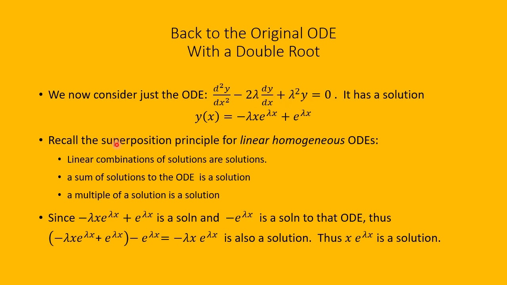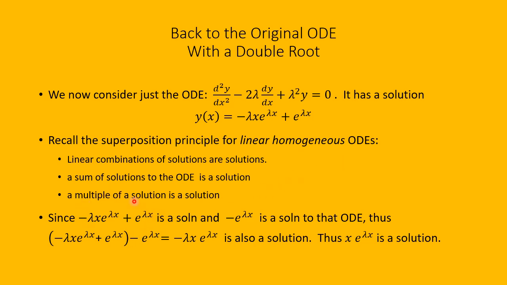Remembering the superposition principle for linear homogeneous ordinary differential equations, we saw that linear combinations of solutions to that differential equation are also solutions. A sum of solutions is a solution. A multiple of a solution is a solution to that linear homogeneous differential equation, L of y equals 0.